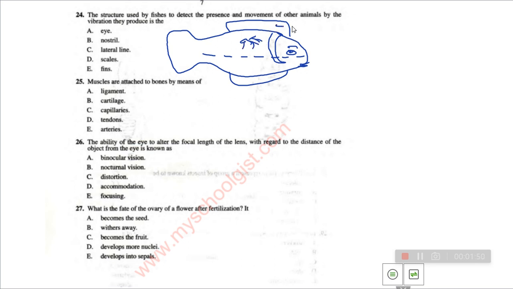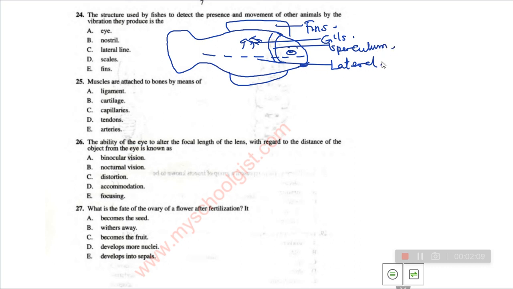They have their mouths. Now they have something they call the lateral line, and they have gills. This is their fins. So these are gills. This is the lateral line. This is the operculum. I can still remember. It helps in breathing.